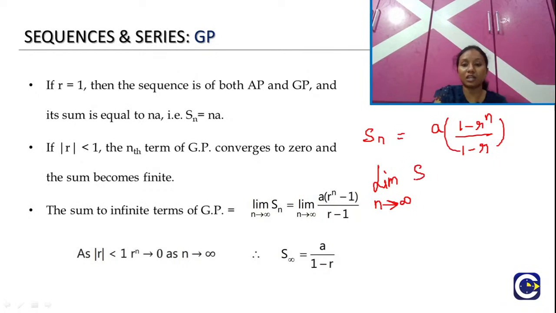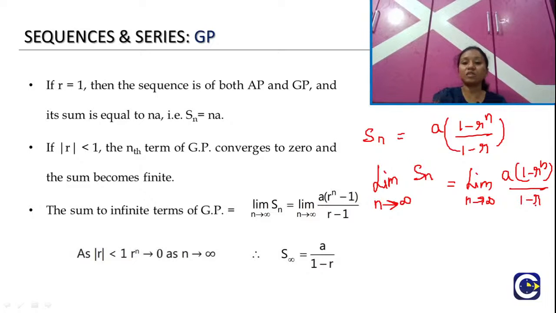So let's apply that. So S n, where limit n tends to infinity, equal to limit n tends to infinity of 1 minus r power n by 1 minus r. So if we substitute this infinity, this will become 1 and this will become 1.